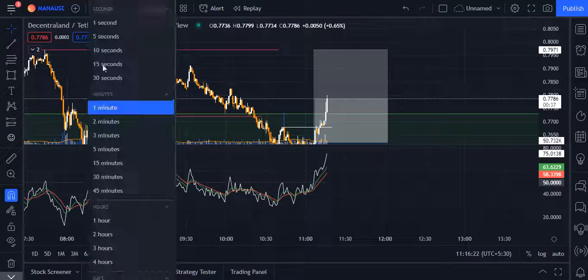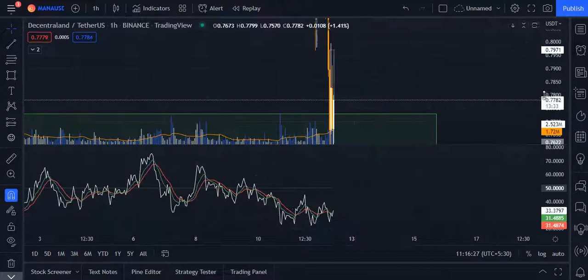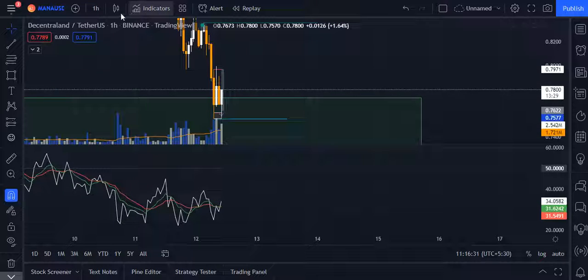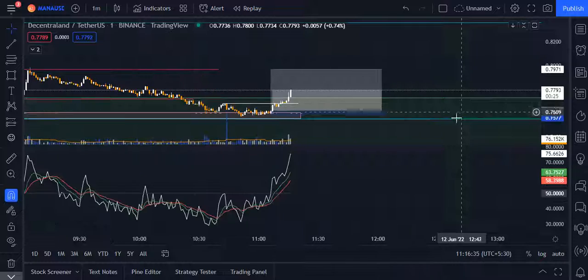Okay, we are already really bullish in 1 hour. So the price will be reacting in that case only. And that is what is happening right now.